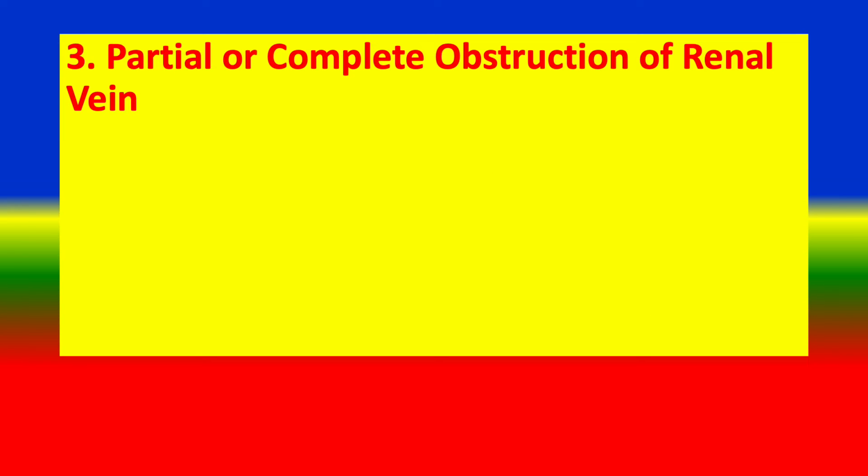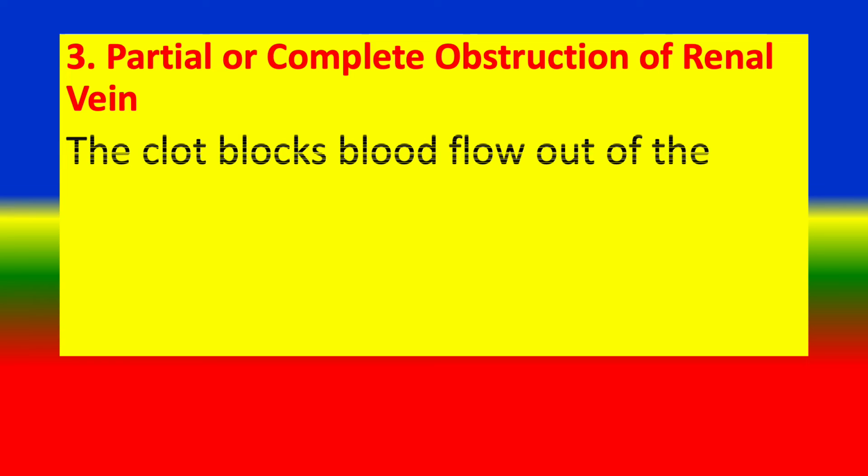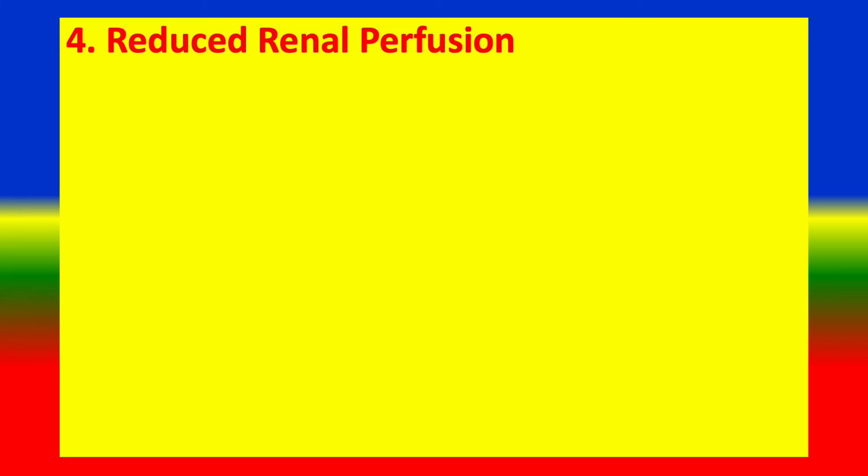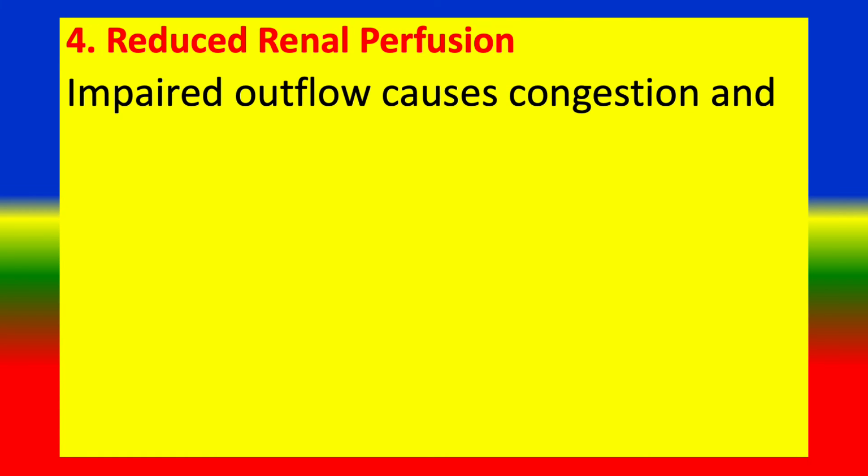3. Partial or complete obstruction of the renal vein. The clot blocks blood flow out of the kidney, increasing venous pressure within the organ. 4. Reduced renal perfusion.